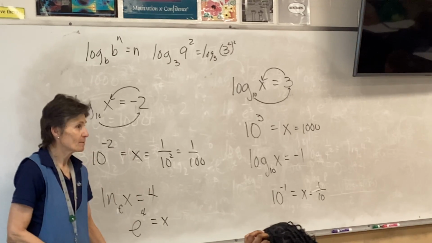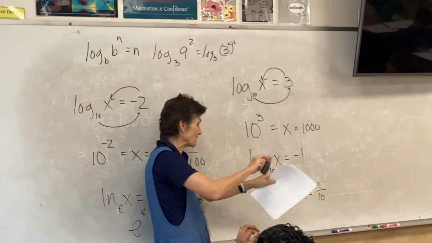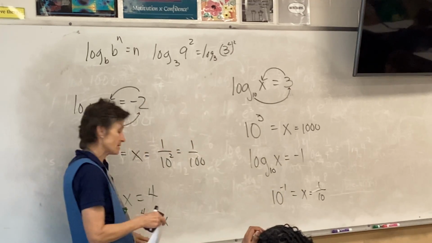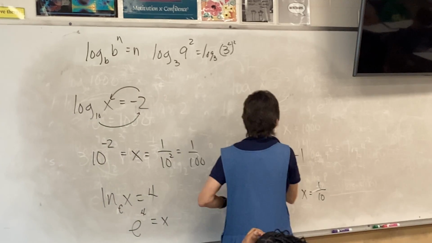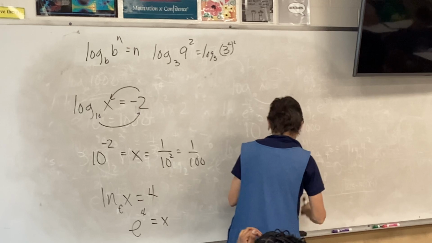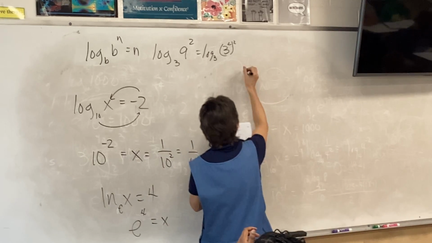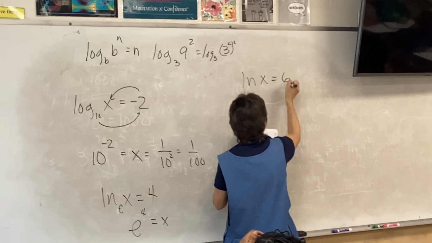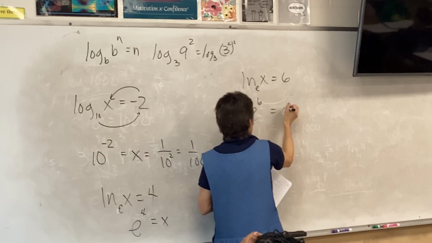Just like in geometry, when you find the circumference and it was 12 pi, that's just the way you left it. E to the 4th. What's E going to be then? E to the 6th, yeah.